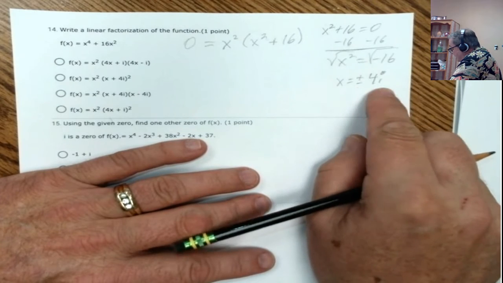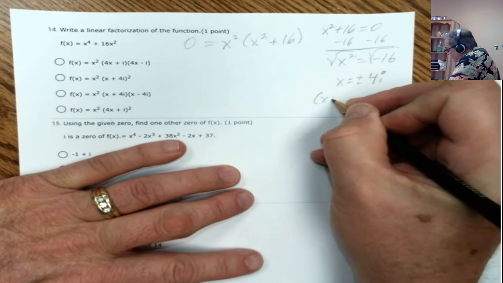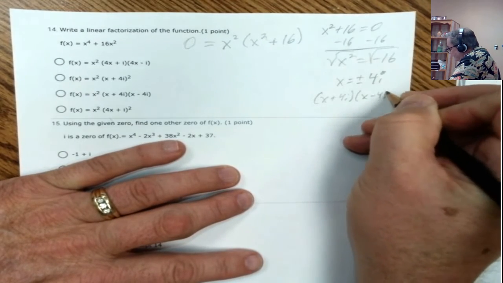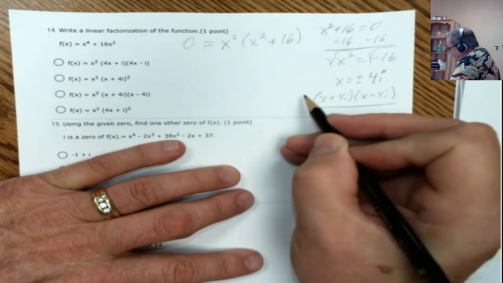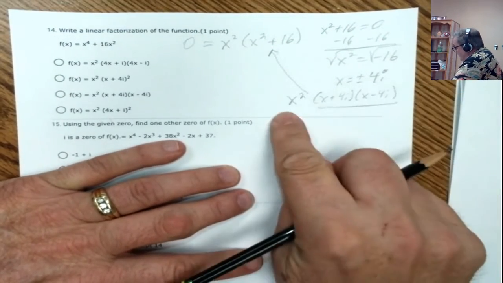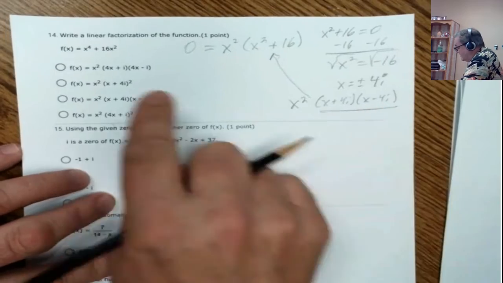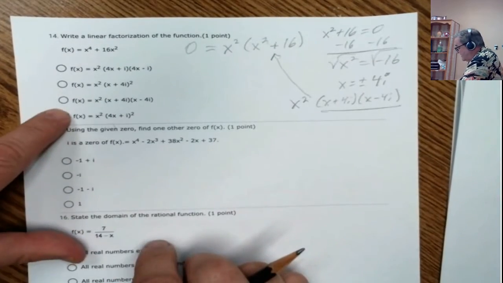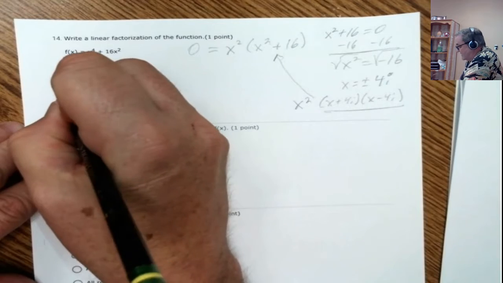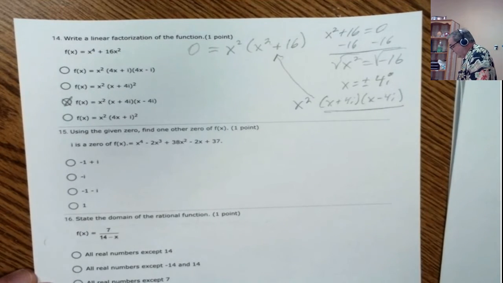So if that's what the imaginary roots are, then those factors would be x plus 4i and x minus 4i. So that's what we put instead of that. So x squared, x plus 4i, x minus 4i is the factors of this right here, and we see that right there. There you go. That is the linear factorization of that function.